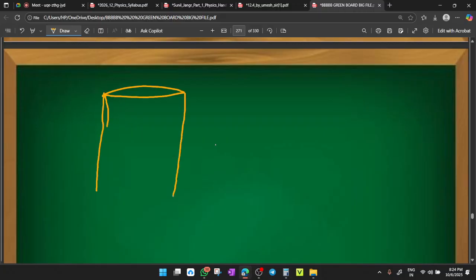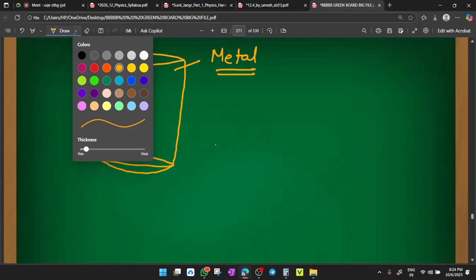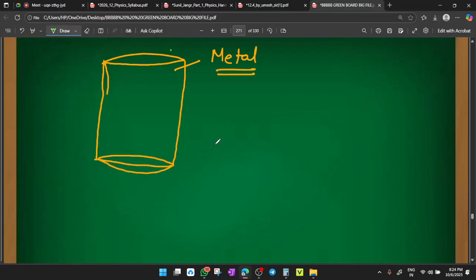We have seen two things for a cylindrical conductor. If this is made up of metal, then what is the variation of magnetic field? See here, an interesting diagram. Yes, I am showing the diagram of B versus r, magnetic field versus r.